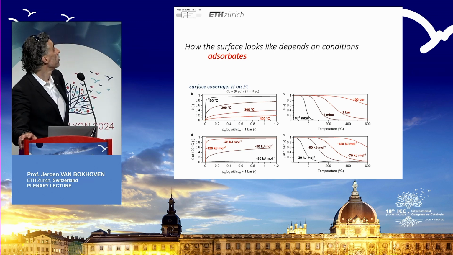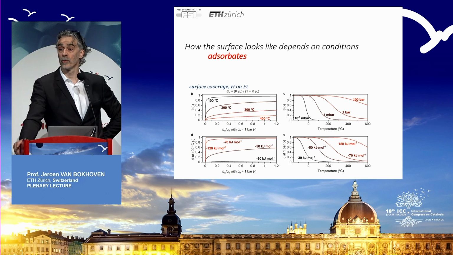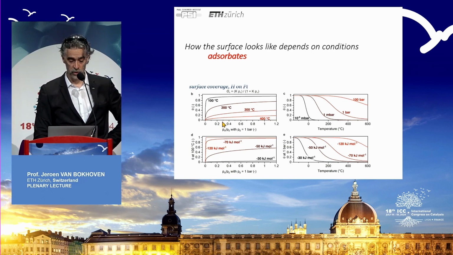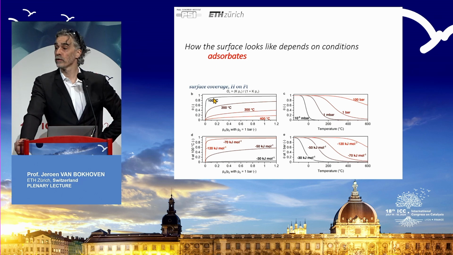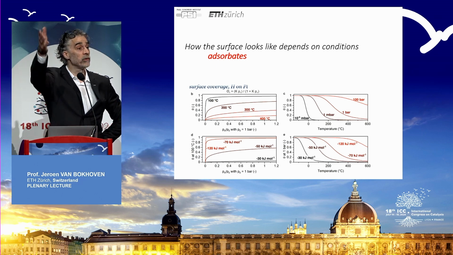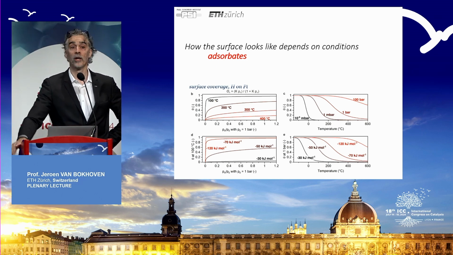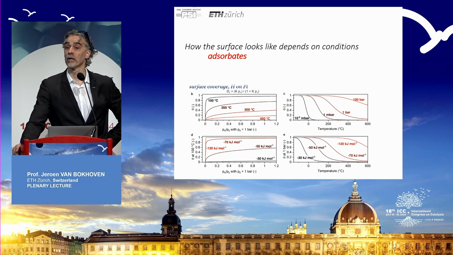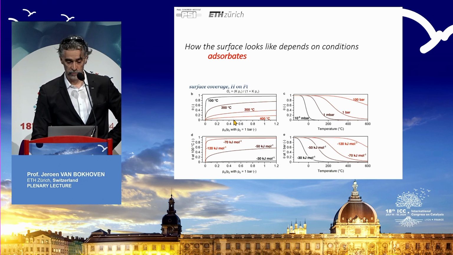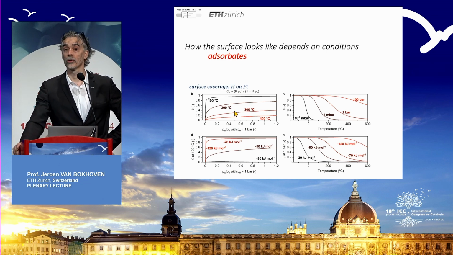A typical example is hydrogen on a metal surface. As a function of pressure, at relatively low temperature, the surface at relatively low pressure will be fully covered. But of course, if you increase the temperature, the coverage will be less.